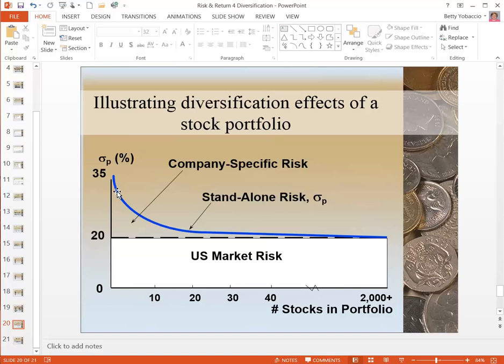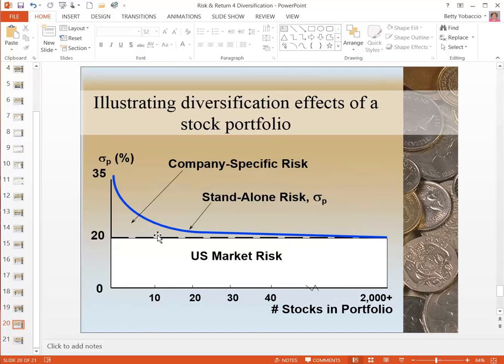However, as we add more stocks to the portfolio, the standard deviation of the portfolio decreases. And what happens is the company-specific risk is reduced. Think of it. If we had 10 stocks in the portfolio, it's unlikely that all of those stocks would be getting bad news at the same time or good news at the same time.